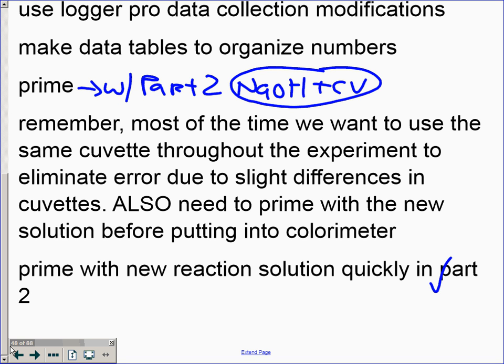FYI, you do have to collect on Logger Pro to get your time data. You have to collect. You can't just sit and look at it.